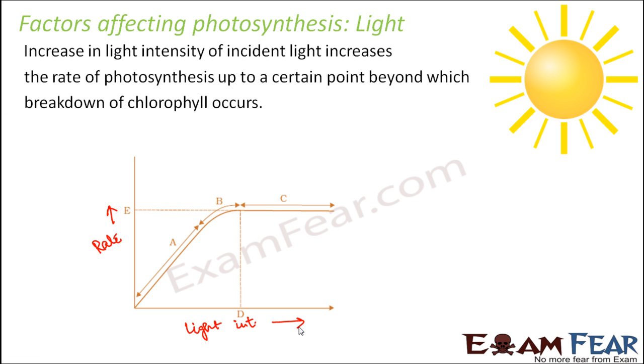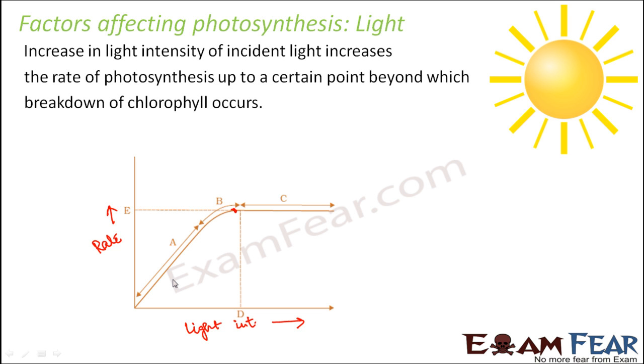As we increase the intensity of light, initially at the lower intensities, the rate of photosynthesis also increases. But gradually it reaches a saturation point beyond which, even though the intensity of light increases, the rate of photosynthesis does not increase. Why does that happen?